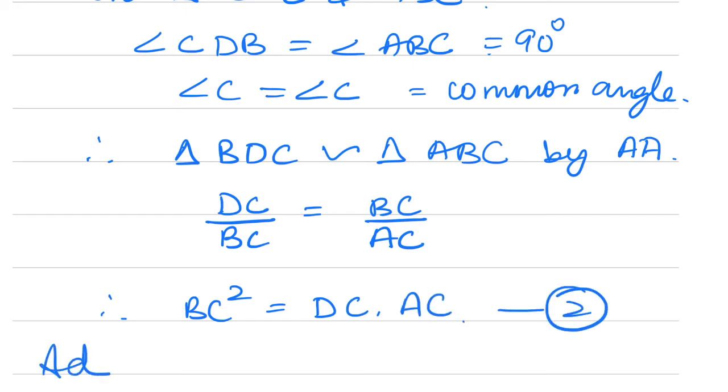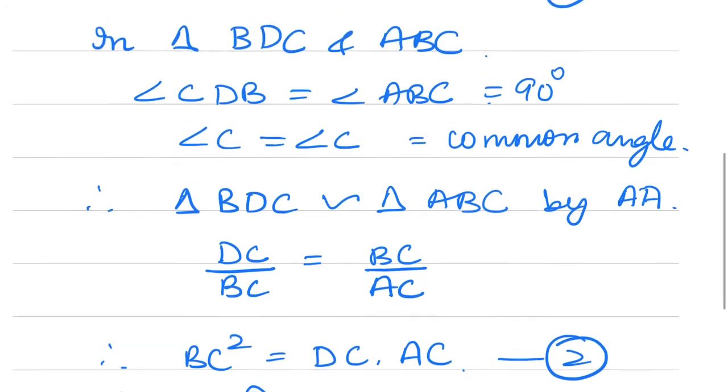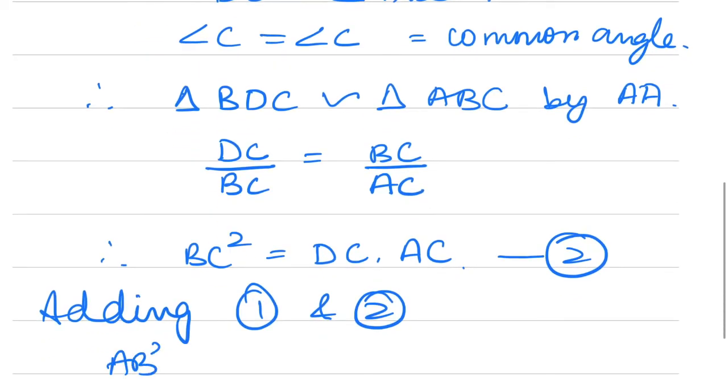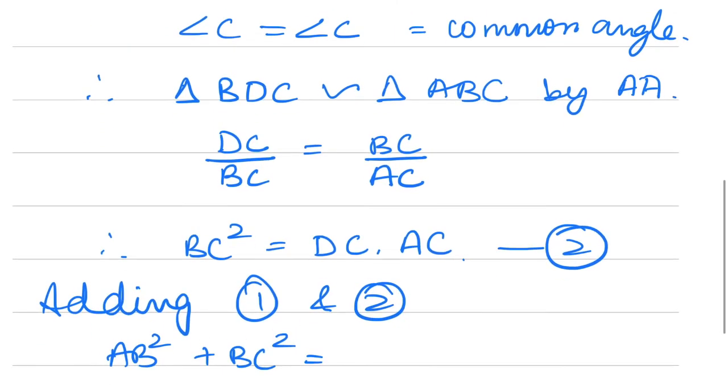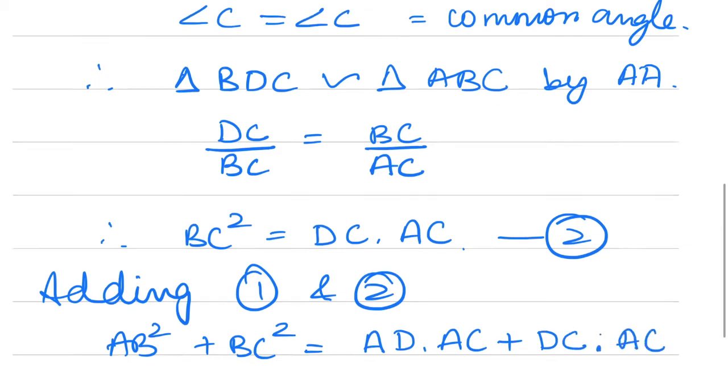Now let's add these two, first and second equation. So adding first and second, we get AB square plus BC square is equal to AD into AC plus DC multiplied by AC.